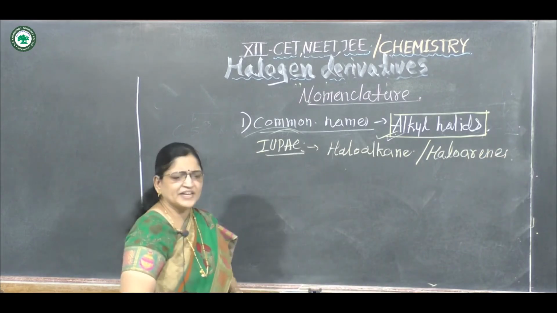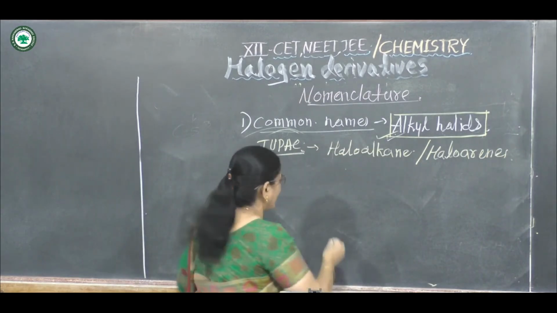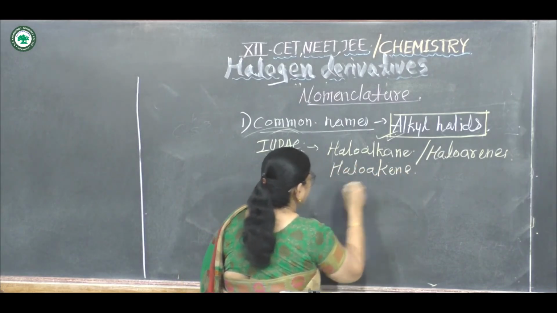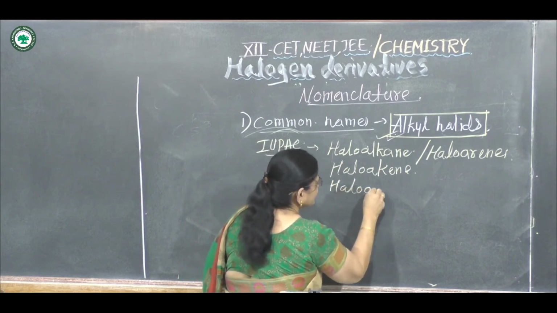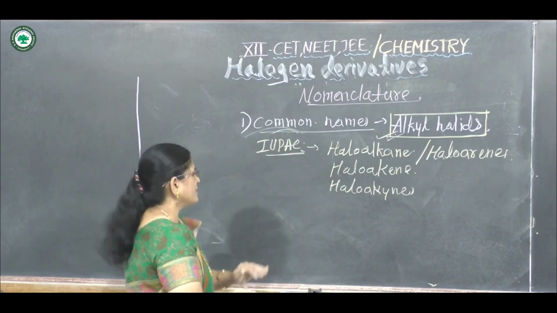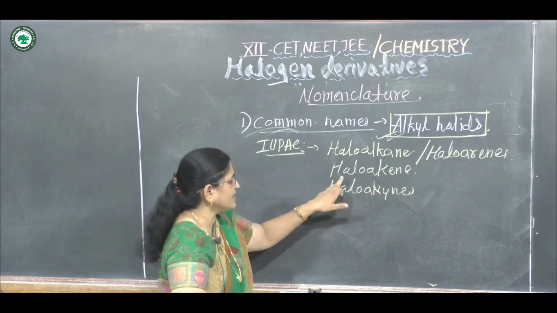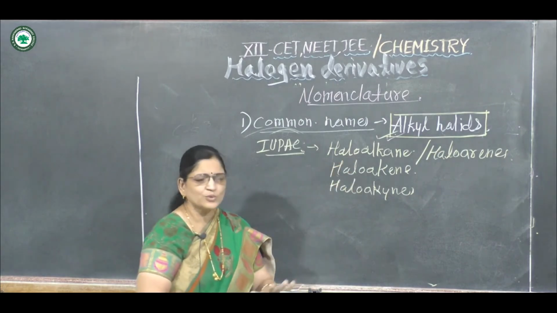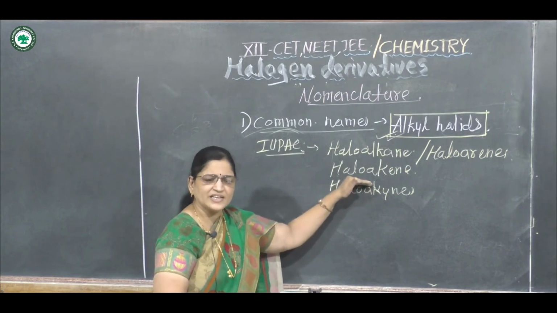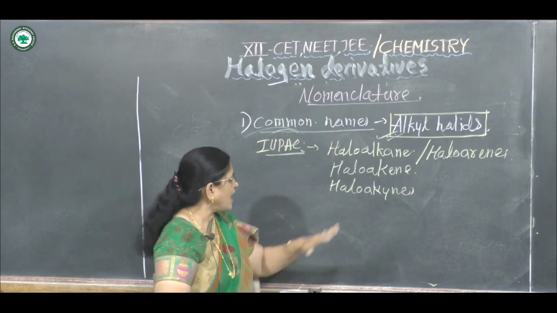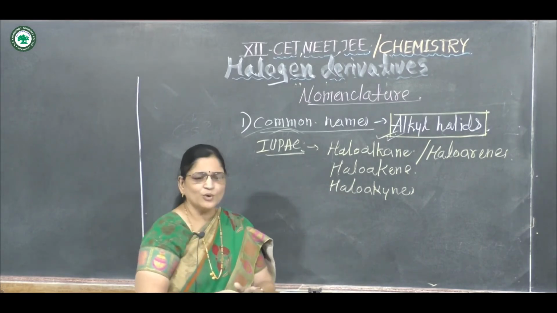Aliphatic compounds are named as haloalkanes, haloalkenes, haloalkynes. That means if halogen atoms attach to an alkane, these are named haloalkanes. If halogen atoms attach to an alkene, then it is called haloalkenes. And if halogen atoms attach to alkynes, these are called haloalkynes.